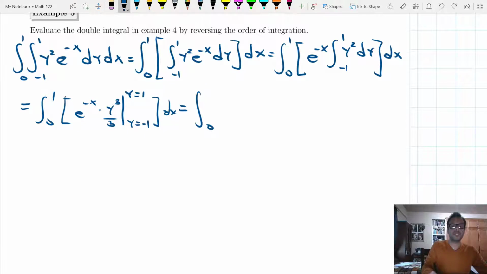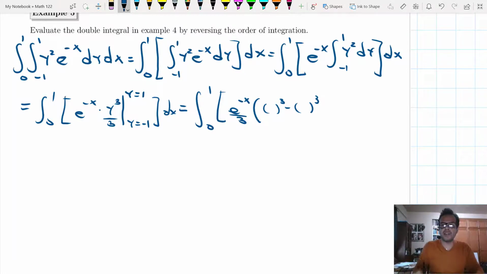Okay, so the integral from 0 to 1 of e to the negative x over 3 times quantity cubed minus quantity cubed, right? The multiple constants, I'm leaving them outside of the integral. And then the x.